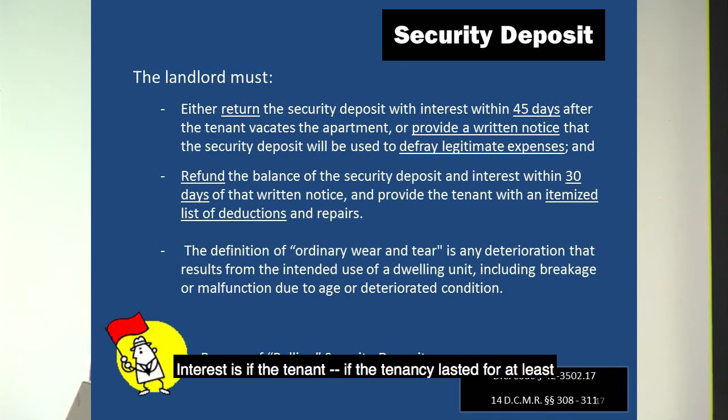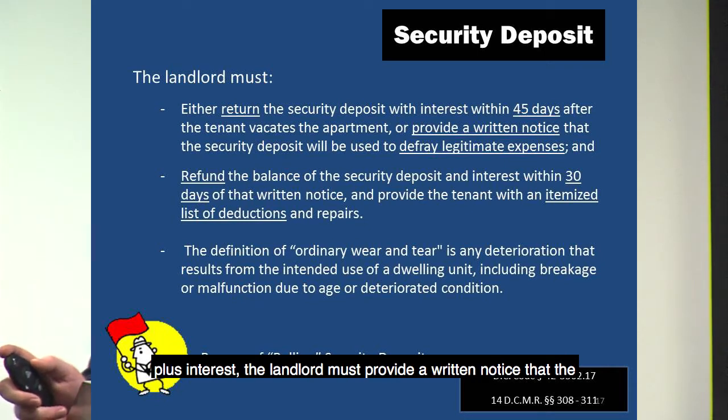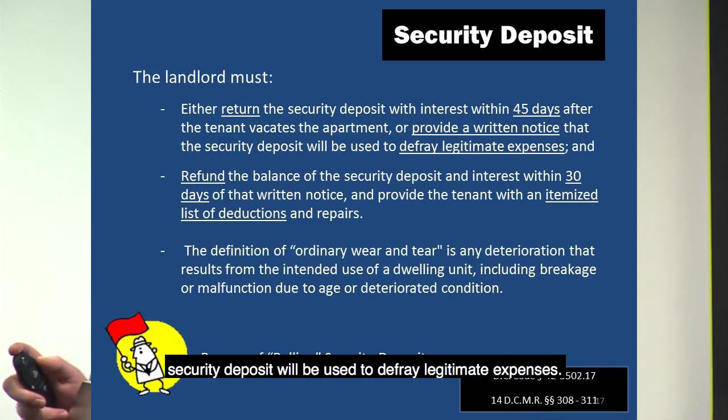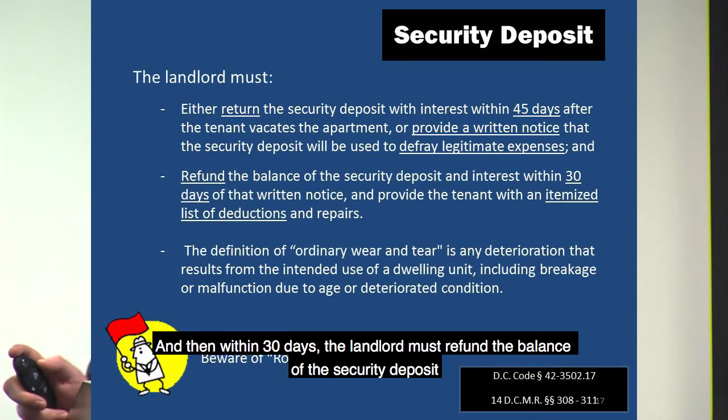Interest is owed if the tenancy lasted for at least 12 months. Or, if the landlord is not returning the full deposit plus interest, the landlord must provide a written notice that the security deposit will be used to defray legitimate expenses.